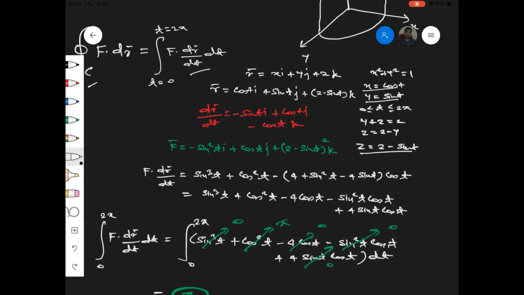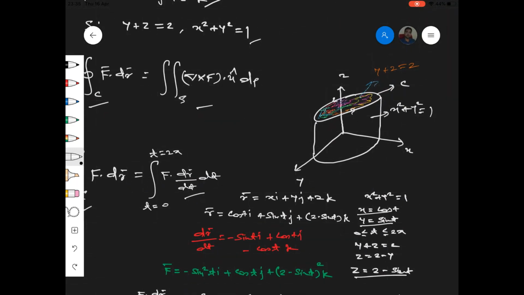Now let's see our picture again, which we have drawn for this case. Since we are evaluating here a surface integral, we need to take the projection of this surface S in any one of the planes. So here our natural choice is the xy plane. If you take the projection of this surface S into the xy plane, its projection is going to be a circle in the xy plane whose radius will be 1.